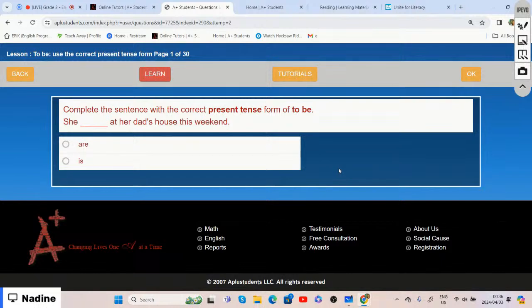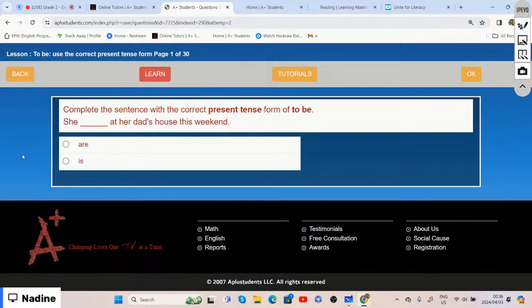So we look at the sentence, we're either going to choose are or we're going to choose is. It says she are at the dad's house this weekend, or do we say she is at the dad's house this weekend? So we're either choosing the first option are or the second option is.